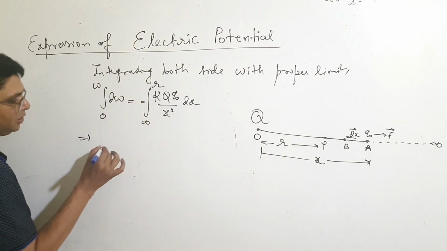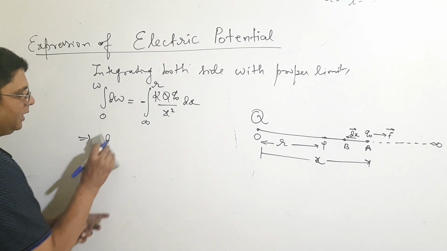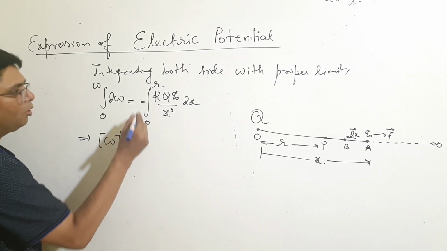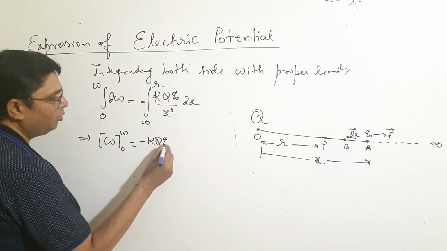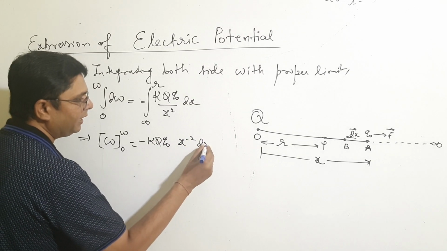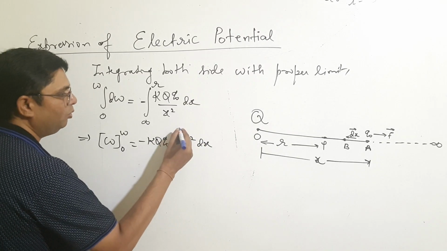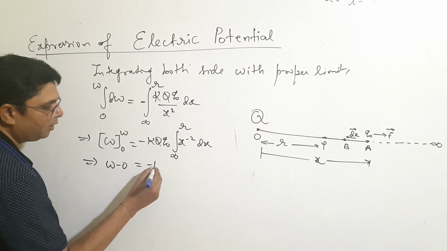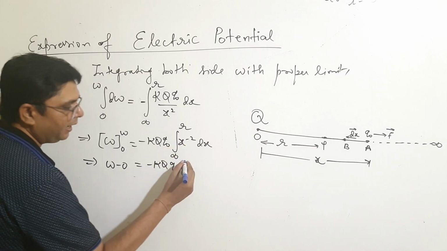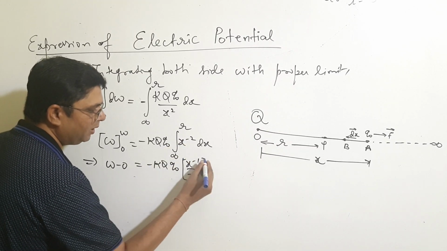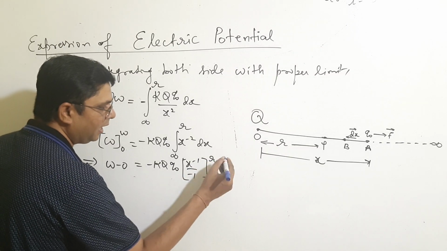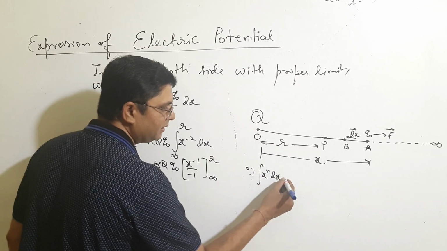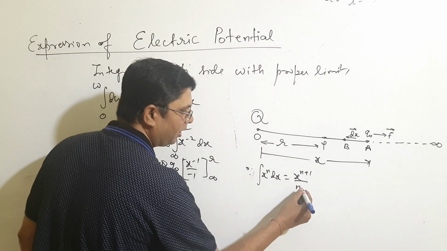So this integration can be written as integral of dW from 0 to W. On the RHS, minus K Q Q naught taken out, and x to the power minus 2 dx integrated from infinity to R. So on the LHS, W minus 0, and on the RHS you have x to the power minus 1 by minus 1 from infinity to R. This equation comes because we have the formula integral of x to the power n dx equals x to the power n plus 1 upon n plus 1.